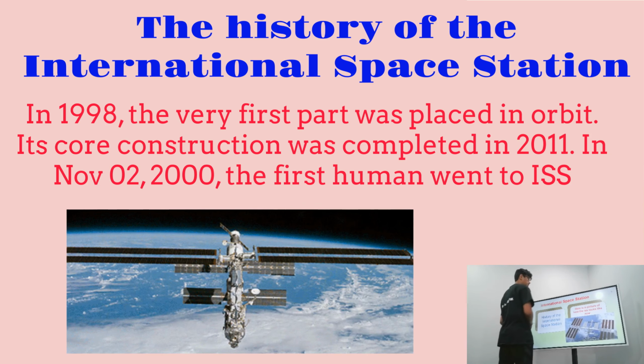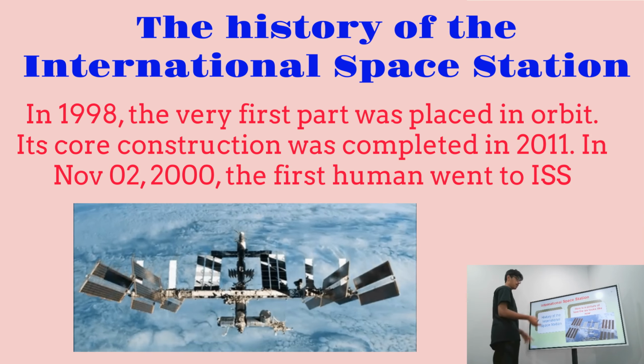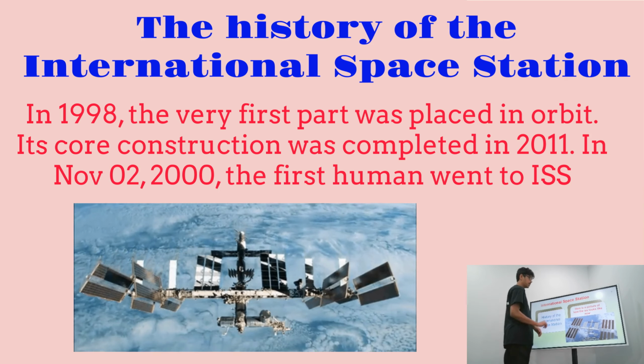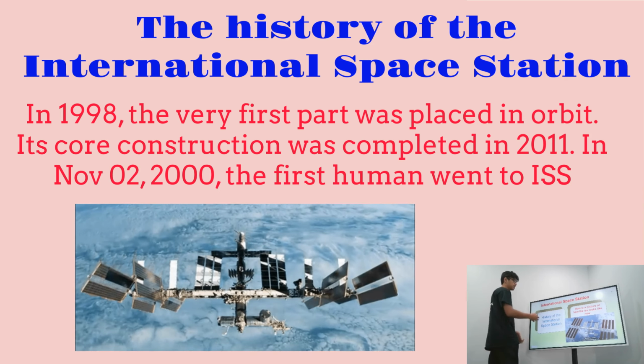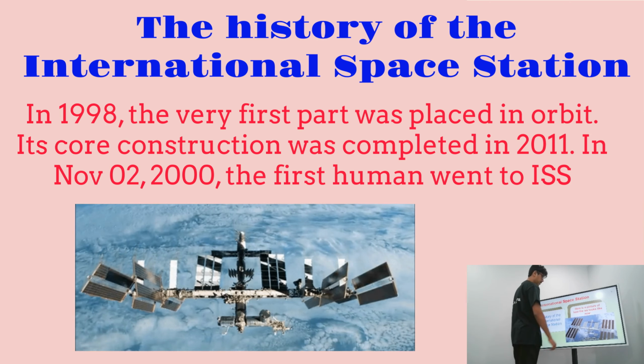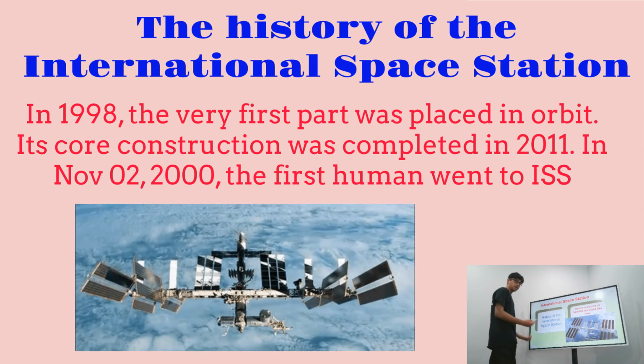And now let's compare it to a picture of how the International Space Station looks right now. I'm going to put an image of the ISS up, and you can see the difference from way back in 1998 to currently. So that's how our ISS looks right now.